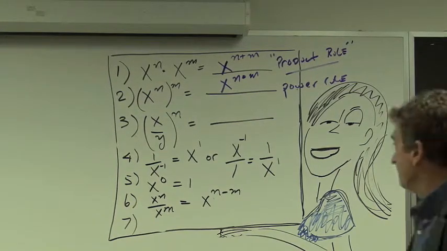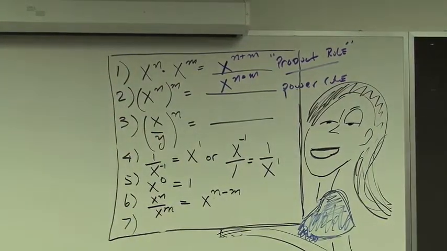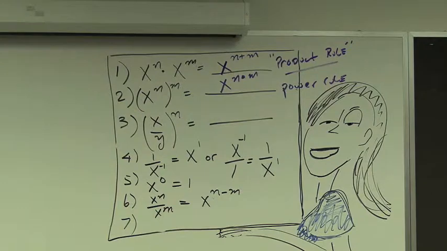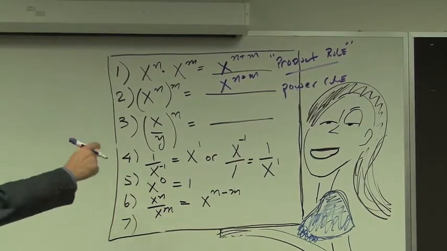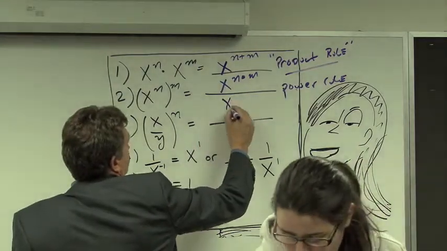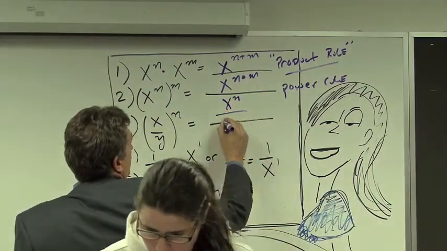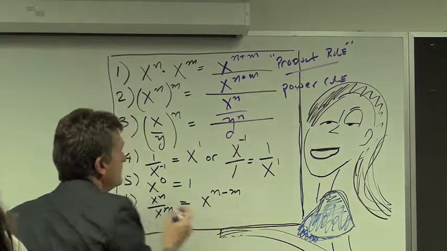What about this next one? I did give you this next one, didn't I? So I'll have x to the n all over y to the n.